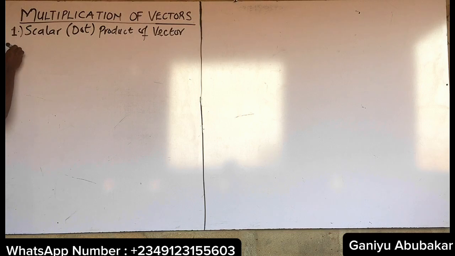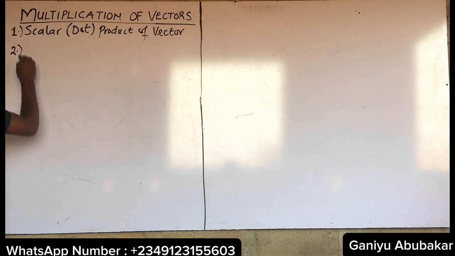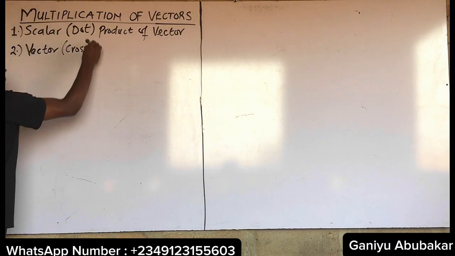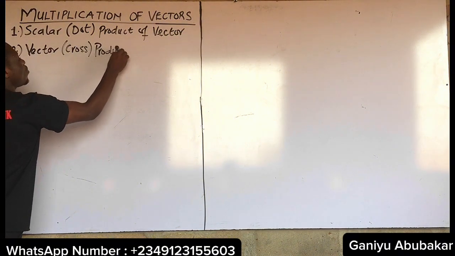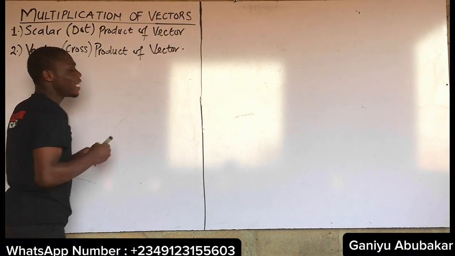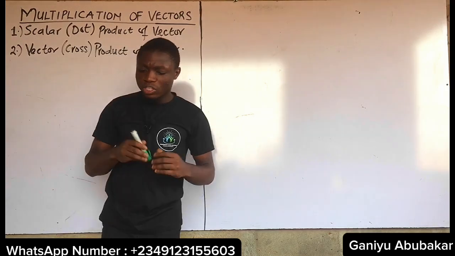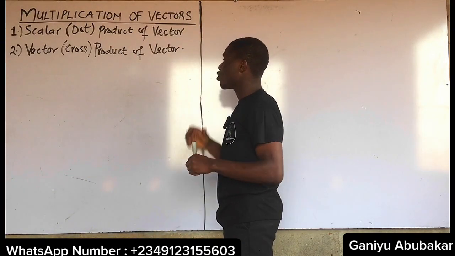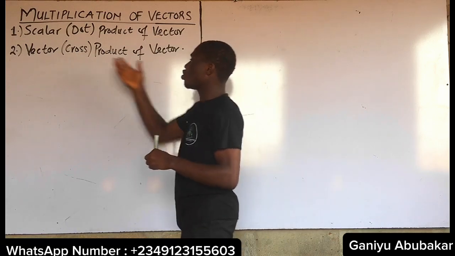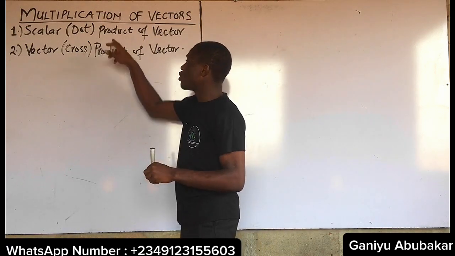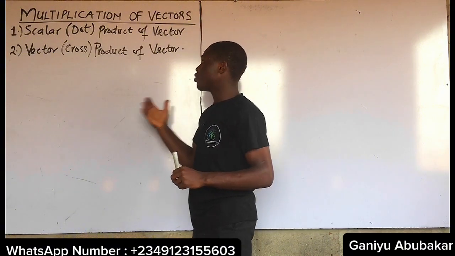Number two, the second way of multiplying two vectors is what we call the vector, or cross product of vectors. So these are the two ways in which we can multiply vectors. For this class, we'll be dealing majorly with the first one, called scalar or dot product of vectors.